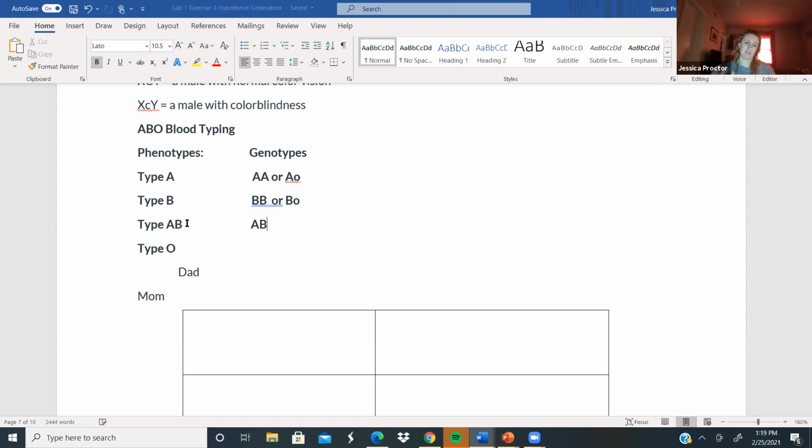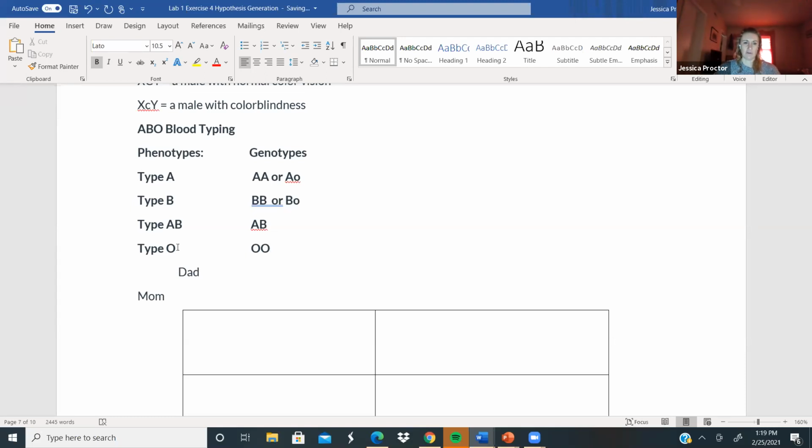However, they are both expressed in the phenotype. That's why they call it co-dominant, because both of those dominant alleles are expressed in both your genotype and your phenotype. So essentially, if you're AB, you have the same phenotype and genotype. And if you're blood type O, since the O allele is recessive, the only way you end up being blood type O is if you have an O allele from both parents. So an O from mom, O from dad.